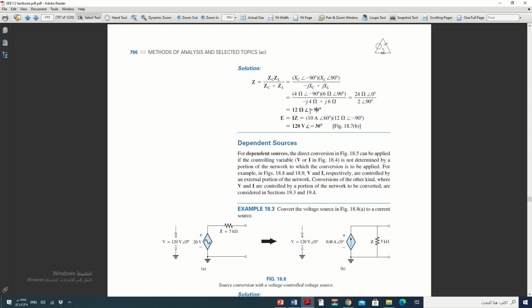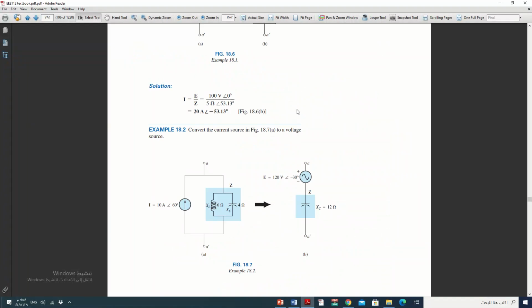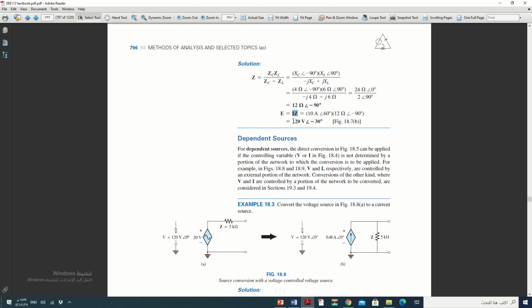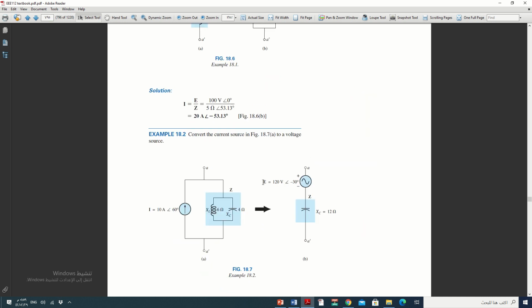Since it is 12 with angle minus 90, it is a capacitor, so when we convert to a voltage source we only draw a capacitor with the 12 ohm. And the voltage, how we found it: we multiply the current by the Z we found, and you will find this value. This is the final answer.